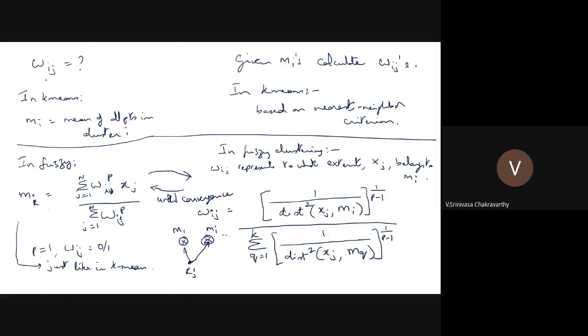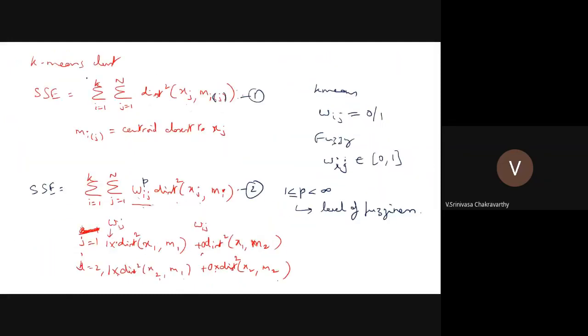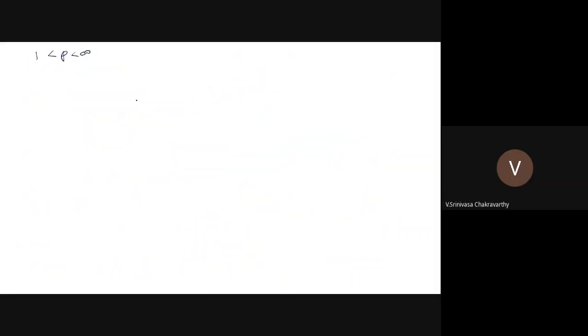right? Whereas if you look at the other extreme, because we said p can only vary between 1 and infinity. Sorry, it should not be equal to. So it's 1 and infinity. When p tends to 1, what happens?